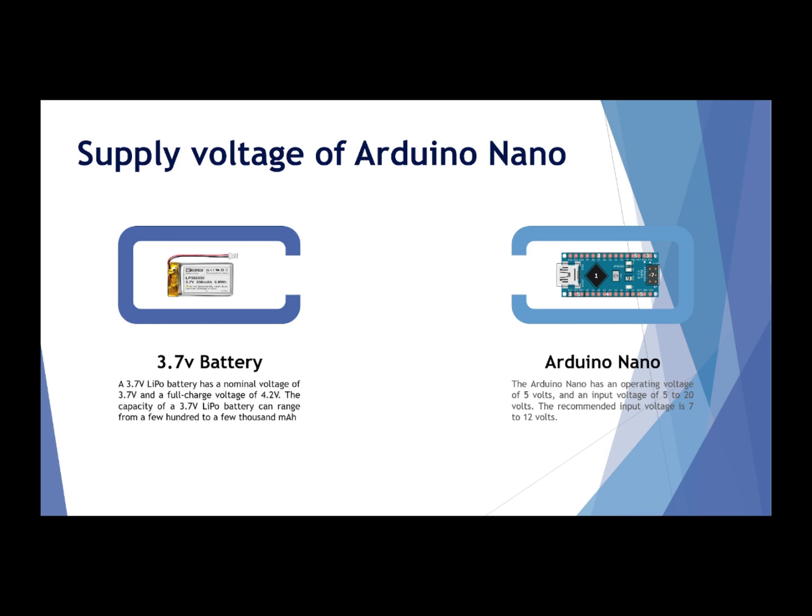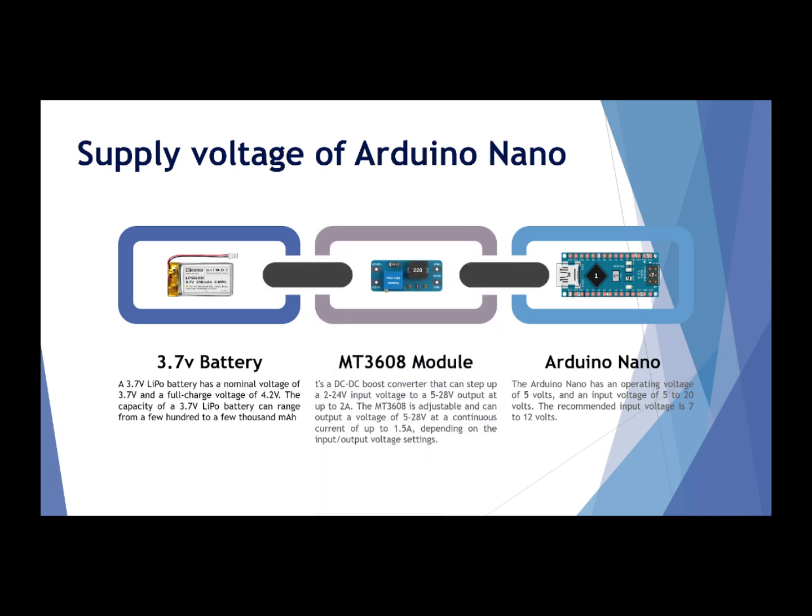Now the 3.7 volt battery alone was insufficient to provide a 9 volt power supply to the Arduino Nano. Then we had to use a converter, that is a boost converter. MT3608 is the boost converter module that we have used here. This module has two incredible features. Number one, it can provide a constant 2 ampere power supply, and number two, it's of very small size. Even the length of the module is around 1 inch.